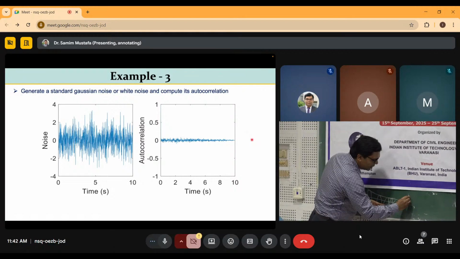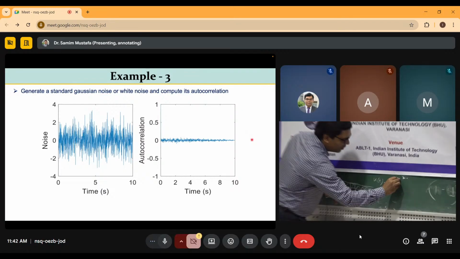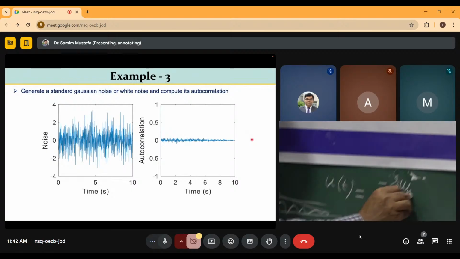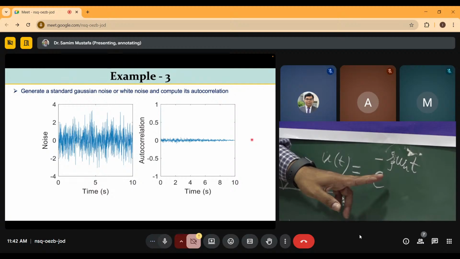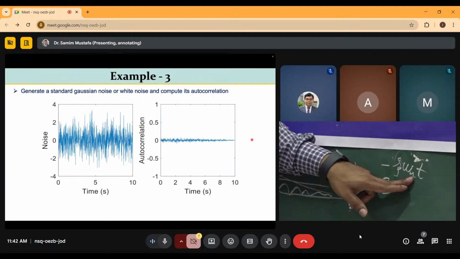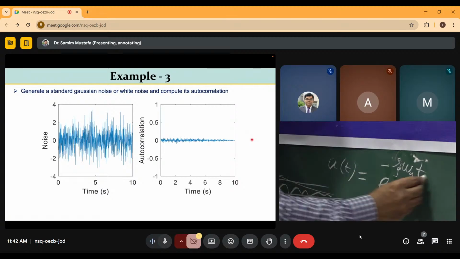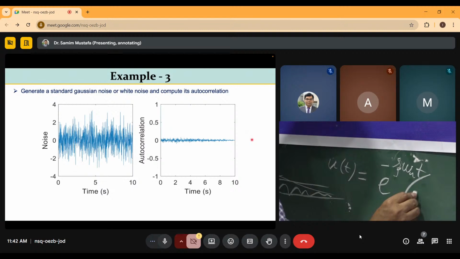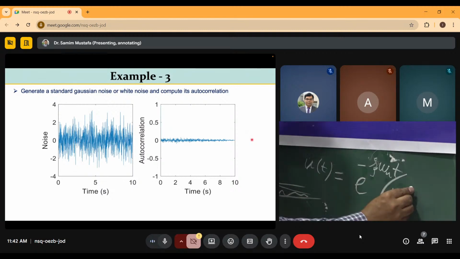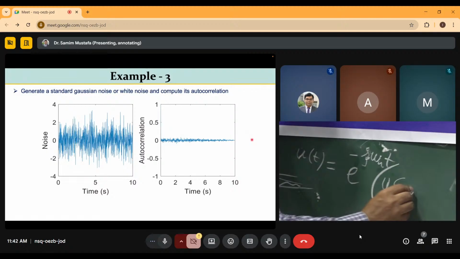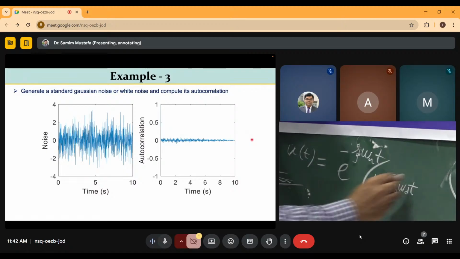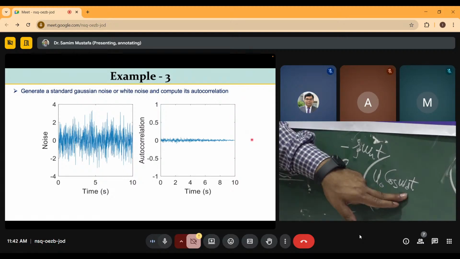Suppose u is the response, it will be e to the power minus xi omega_n t, where xi is the damping ratio, omega_n is the natural frequency at which it is vibrating, and t is the time. Then there will be some u_0, then cos of omega_d t. Omega_d is the damped natural frequency, because every structure has damping, so we also need to calculate the damped natural frequency.